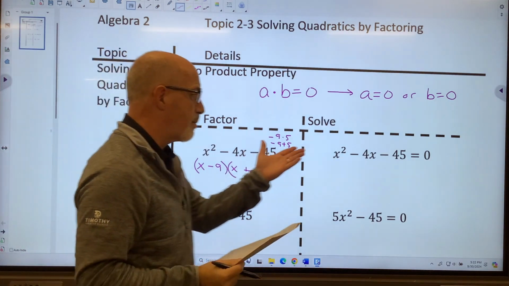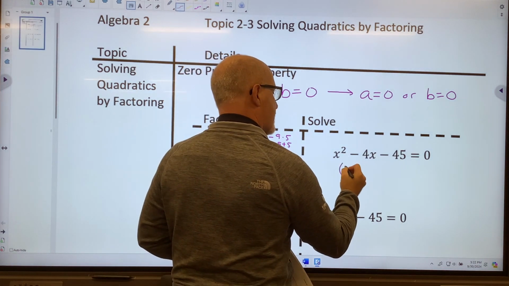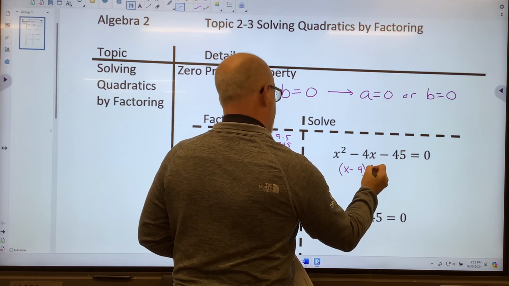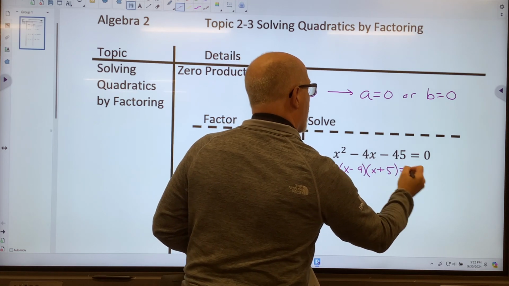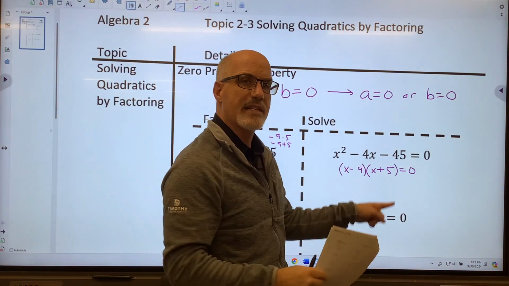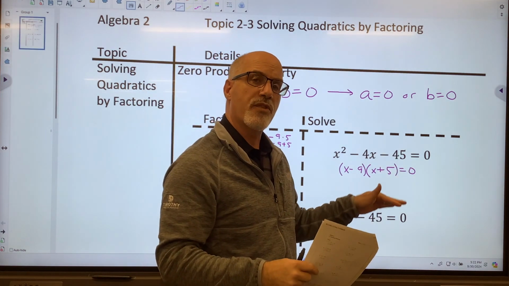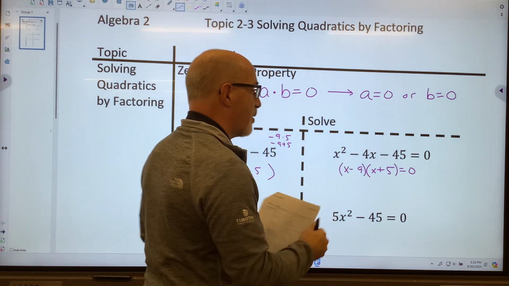So when we do a problem like this, our first step is to factor it. So we just did that. X minus 9 times x plus 5 equals 0. Now when two things multiply to equal 0, one of them has to equal 0. So we're going to solve for both of them because that will give us two answers to that original equation.